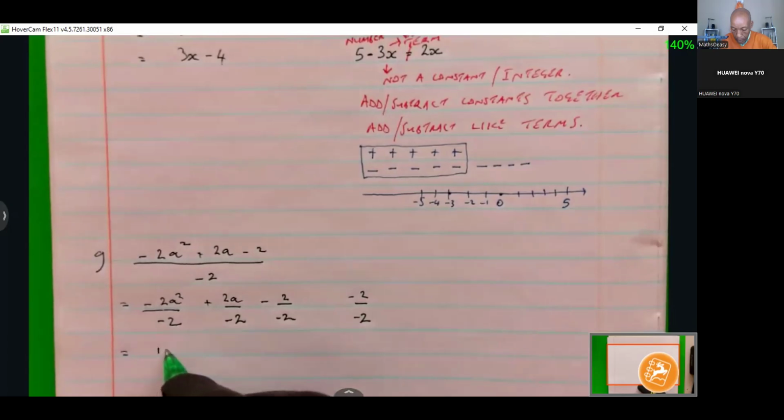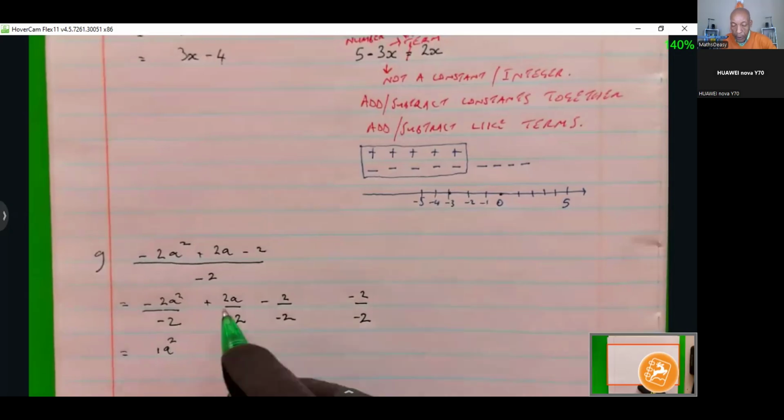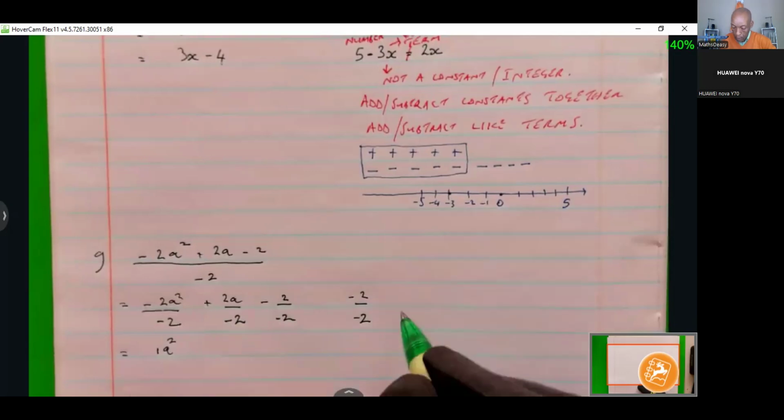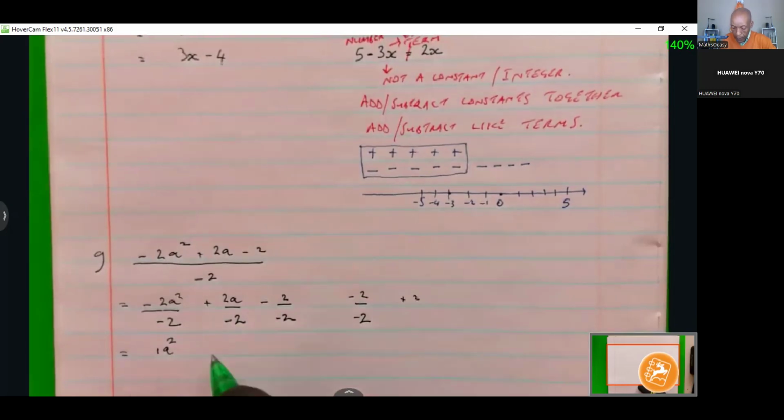Okay. So I will have a 1a squared. Then a +2 divided by a -2 will give me what? -1, isn't it? And then a -2 divided by a -2? +1. Okay. But we do not write our coefficient of 1. So we just simply do this.